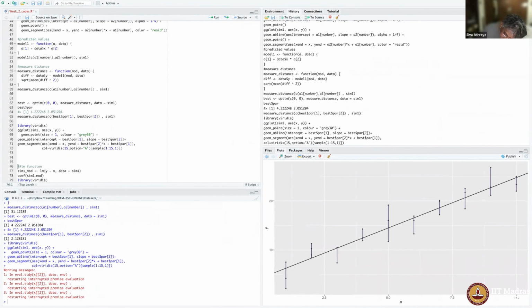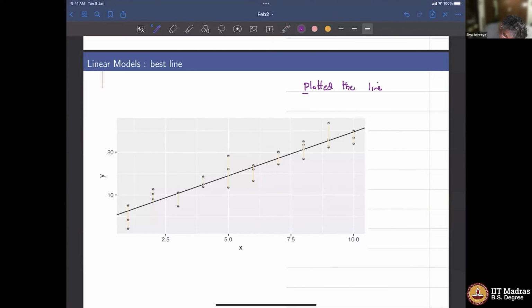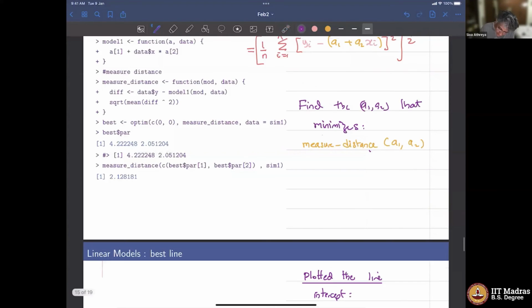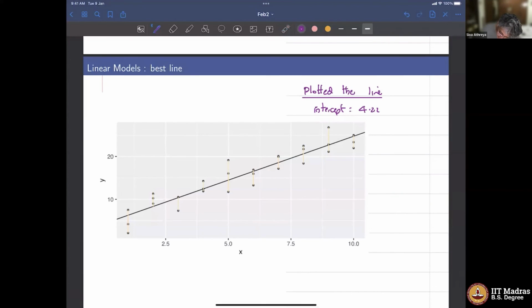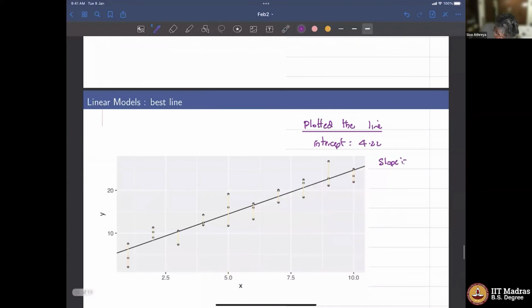What properties does it have? Intercept is approximately 4.22, and slope is 2.05. So it's within our range of uniforms. The line would have been there somewhere in that sense.